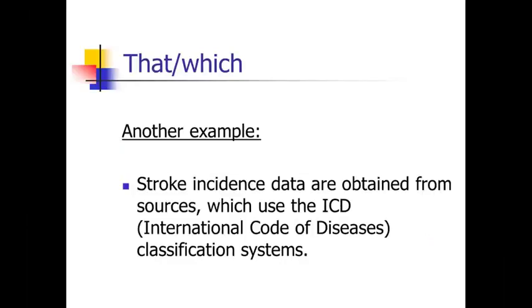One more little example. "Stroke incidence data are obtained from sources which use the ICD classification systems." Now notice, in the original, this was something I was editing, the authors actually did set it off with a comma, so they thought they needed a which. But you can see when you read that the pause there is funny. There really shouldn't be a pause. This is not extra information. If you just stop the sentence at sources, it's a really funny sentence, right?